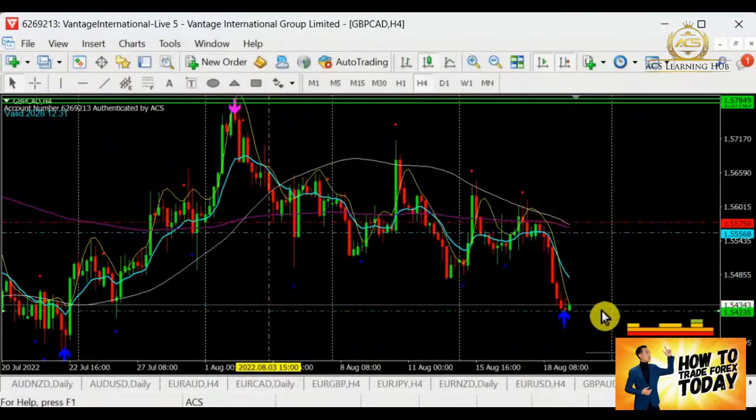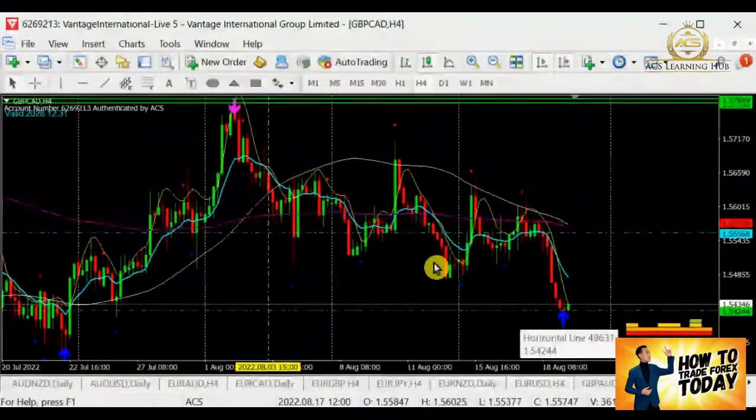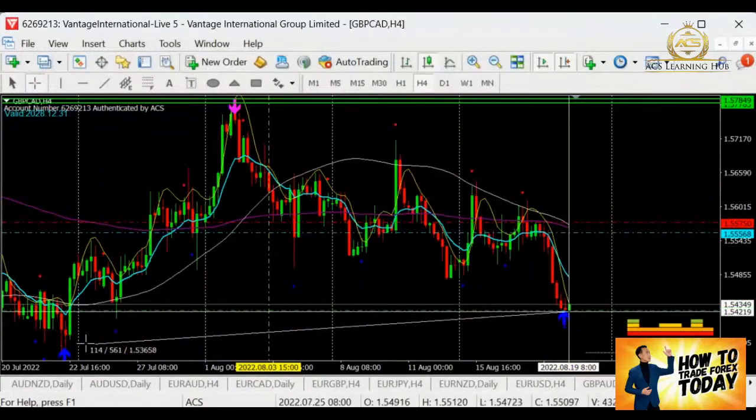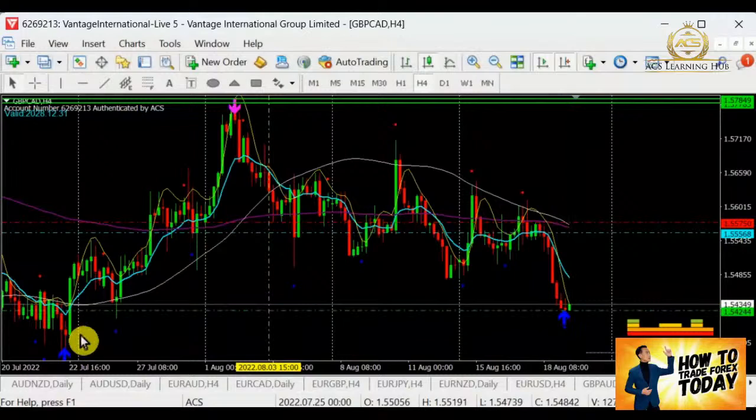So if we are going to continue the selling, we may need to wait for it to break the support. Then we will continue the selling after that, because this one is about 30 to 40 pips, so still quite a good space. So for Pound CAD, we can wait for it to break the support before we take action.